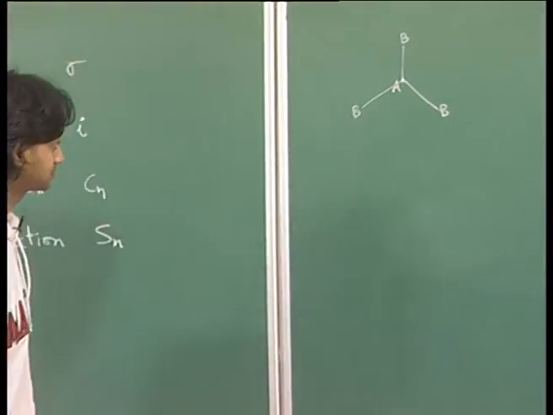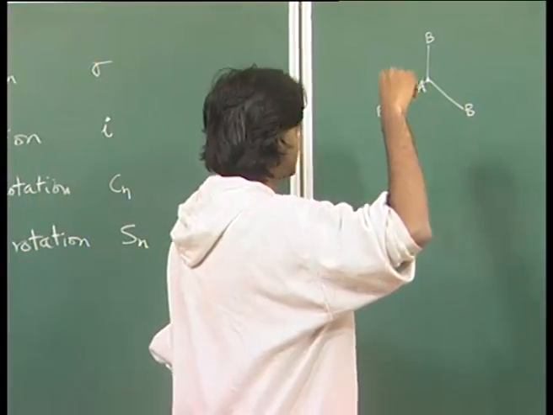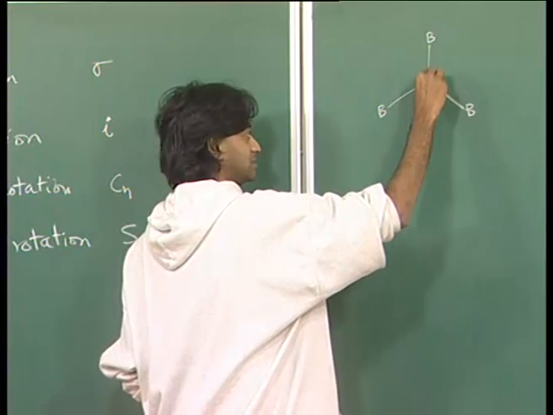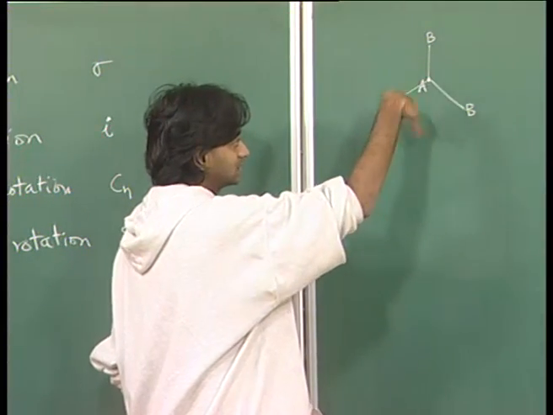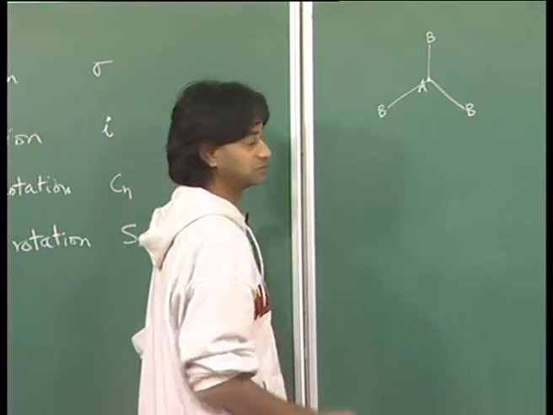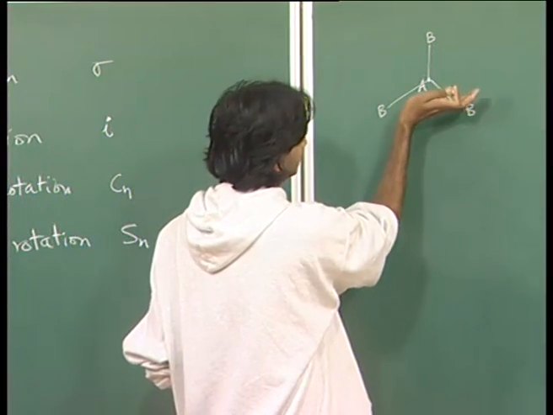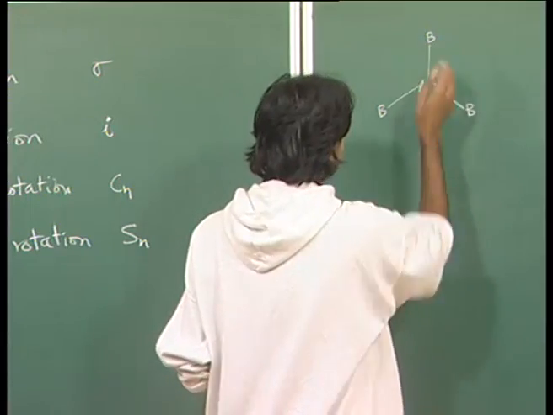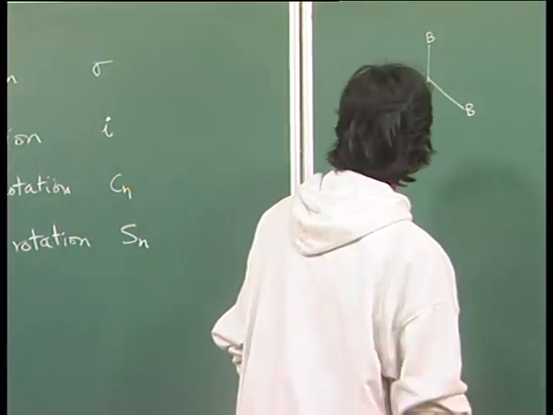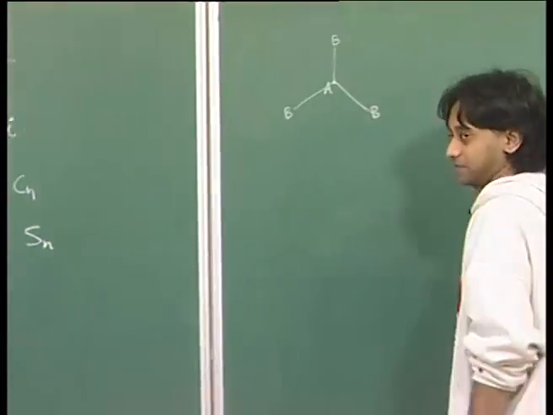Now it's clear that if I take a line perpendicular to this, that acts as an axis for proper rotations, in the sense that if I rotate by 120 degrees, then I'll get an equivalent configuration.